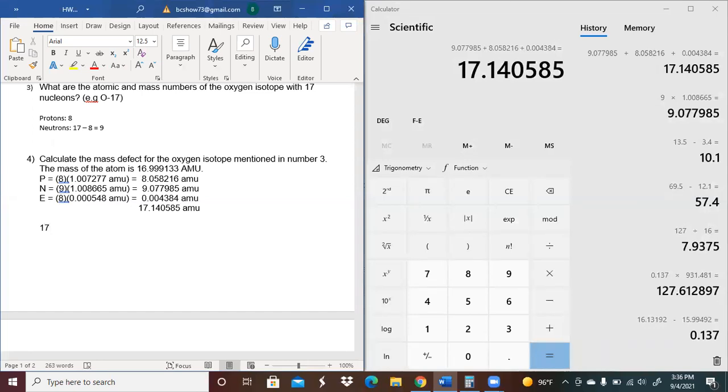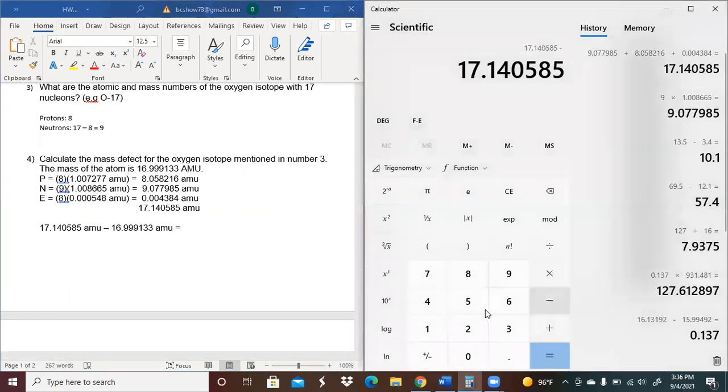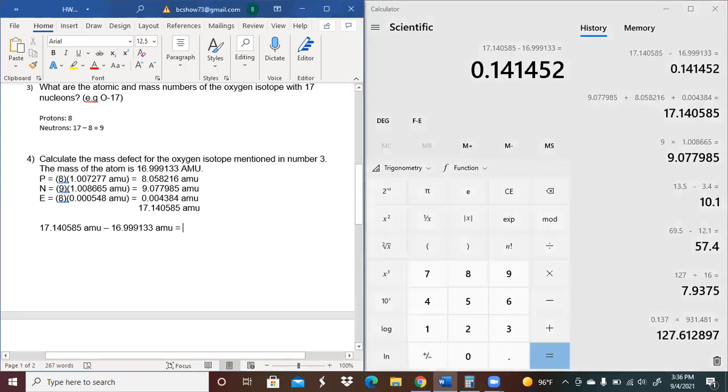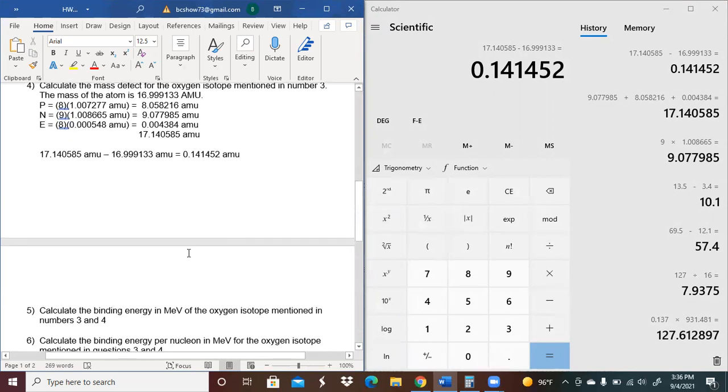Now, if I take that number of AMUs and subtract out what it actually weighs, which is 16.999133, there we go. That's the mass defect.